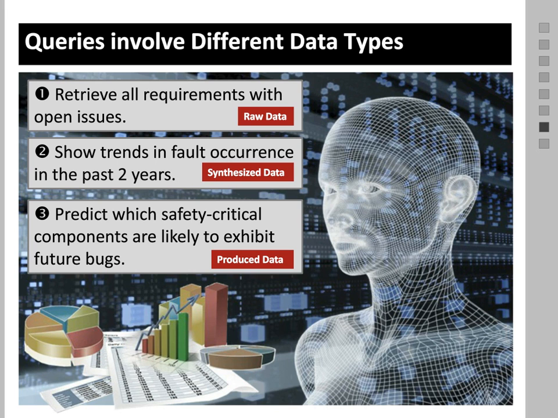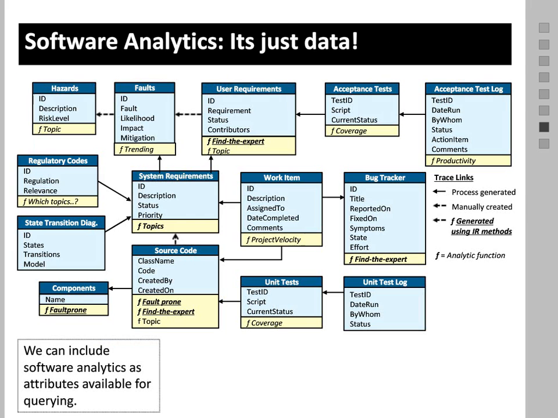That's taking data that exists in the system and merging and synthesizing it in new ways. And the third one is actually producing new data. So for example, predict which safety critical components are likely to exhibit future bugs. This falls under the area of software analytics, which is where we're interested in, which is what we need to support in order to be able to actually answer analytical queries.